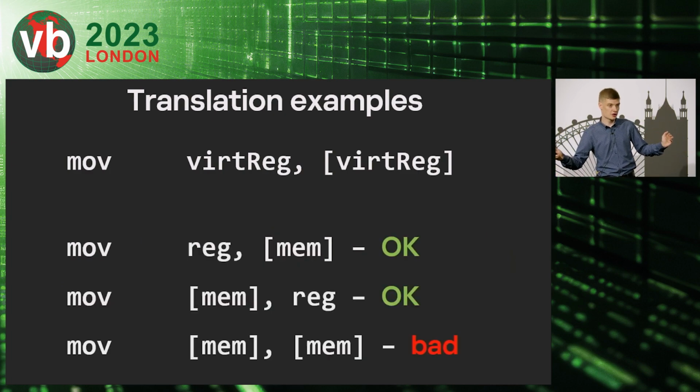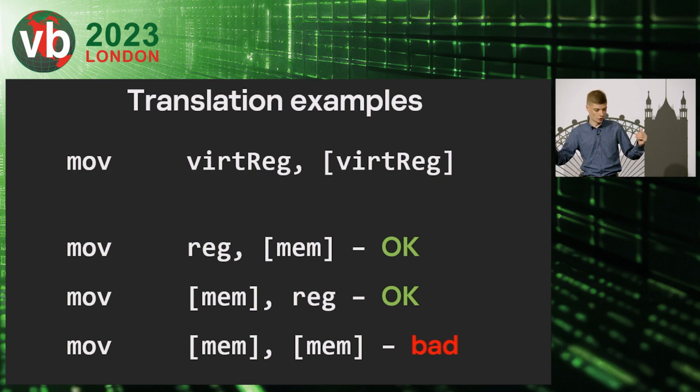On x86, I'll remind you, it is possible to move contents of memory to a register, and vice versa. We can move a register to memory, but we cannot move memory to memory. And thus, we have to translate this virtual instruction into many x86 instructions.